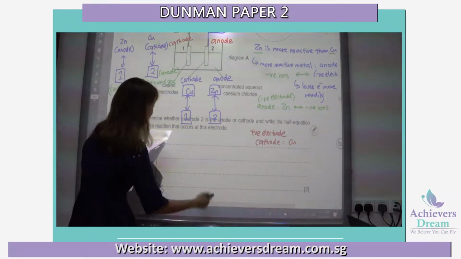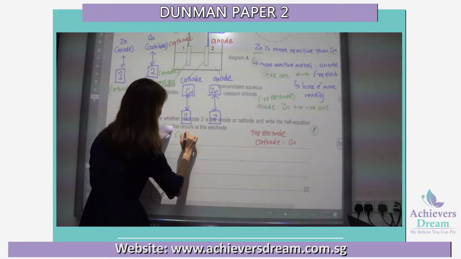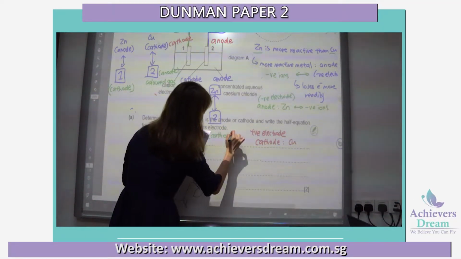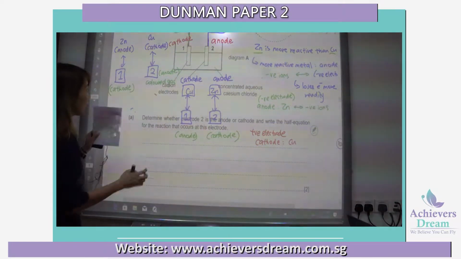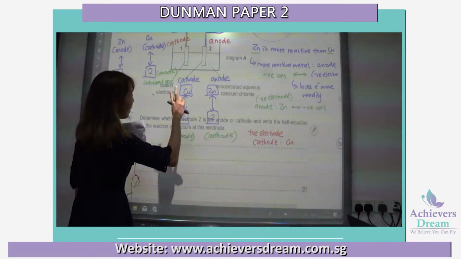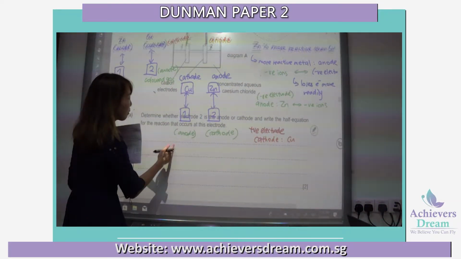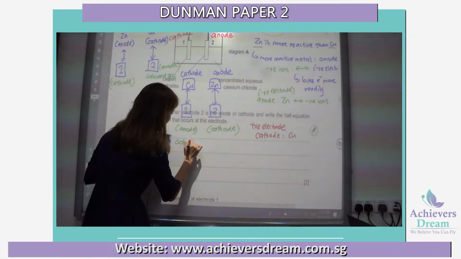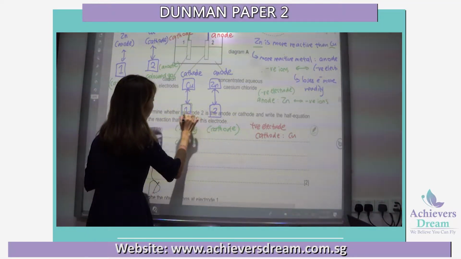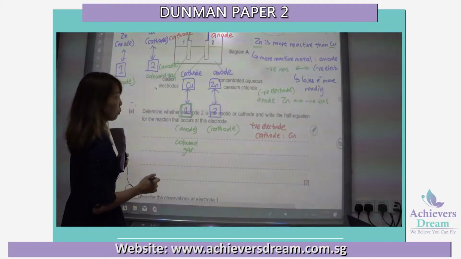So electrode 1 will now be your anode and electrode 2 will be your cathode, correct? So recall that the colored gas was produced at the anode. So now when copper and zinc have switched over, your colored gas would be at the electrode 1 now instead of electrode 2.